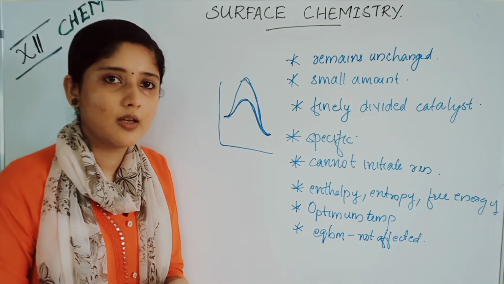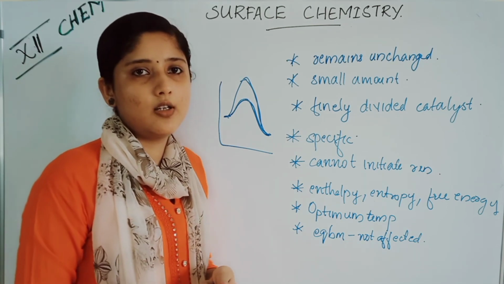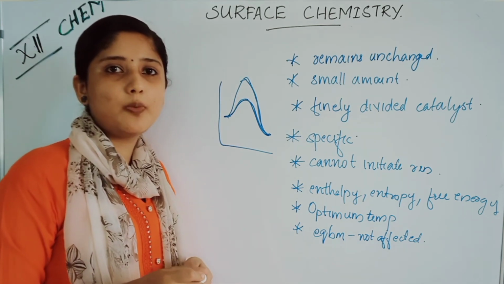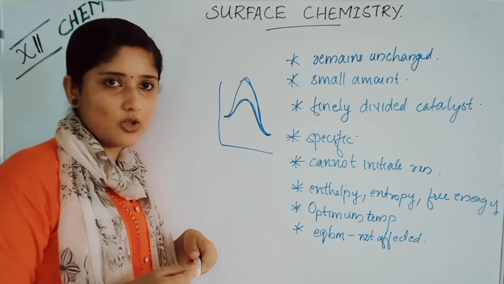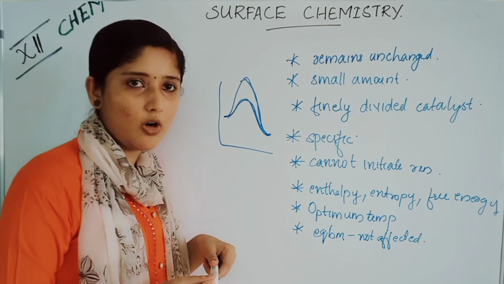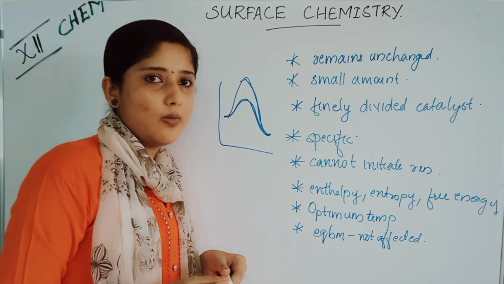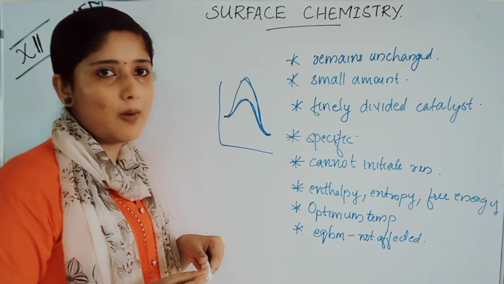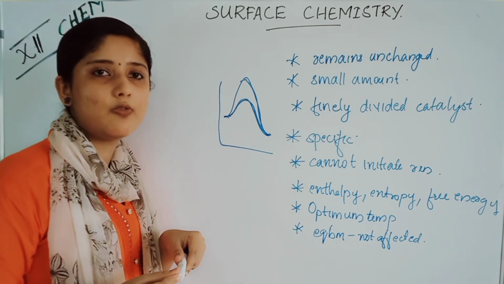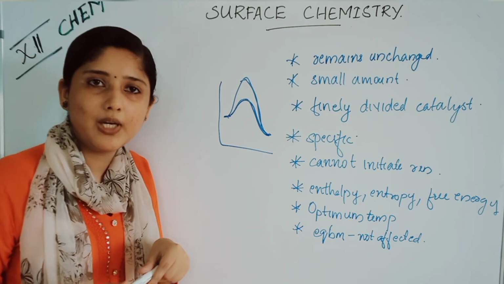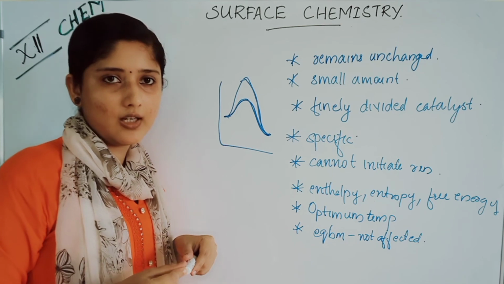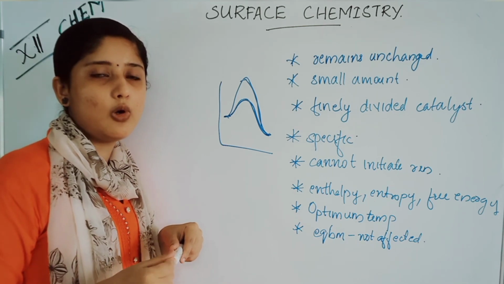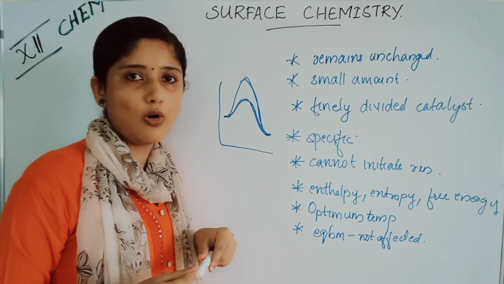Okay. In today's class, what all did we learn? We studied about adsorption isotherms. We studied the Freundlich adsorption isotherm. That is an important topic in this chapter. The equation is x by m, extent of adsorption, is directly proportional to p raised to 1 by n. When we take log, we get log x by m is equal to log k plus 1 by n log p.